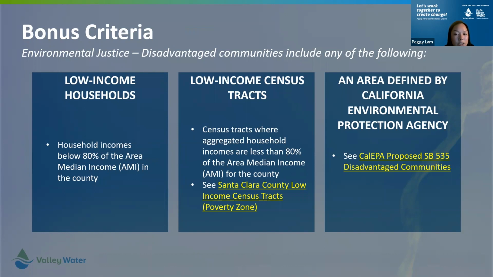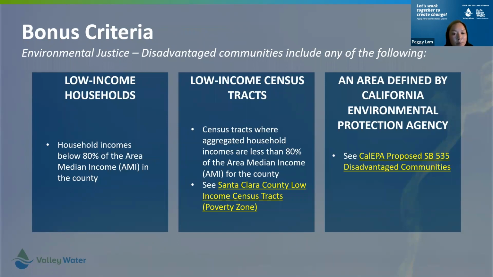And then as far as the third area, that's the area defined by the California Environmental Protection Agency. And that's the map that was proposed for SB 535. We also have a link from Valley Water that combines all of these requirements.